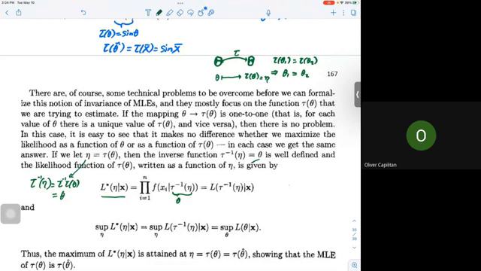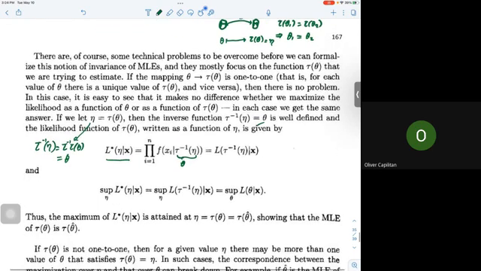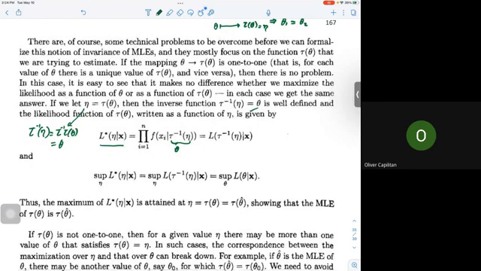Then using our likelihood function, which is a function of theta, L of tau inverse of eta given our sample x. So if we take the supremum of all likelihood functions of eta given x over all eta, that would be equal to the supremum of L of tau inverse of eta given x, for all eta again.